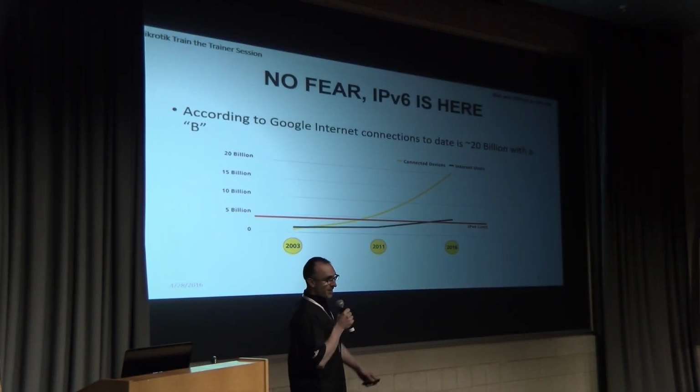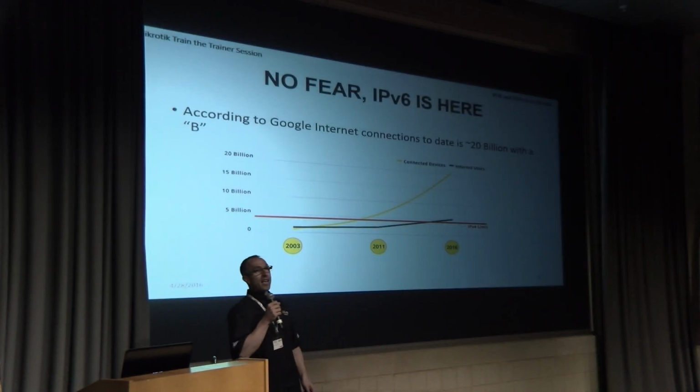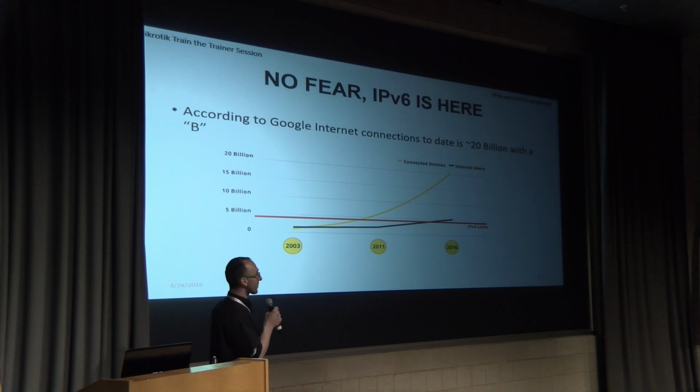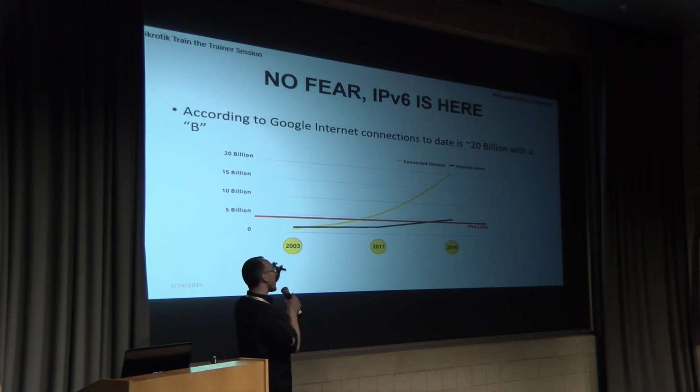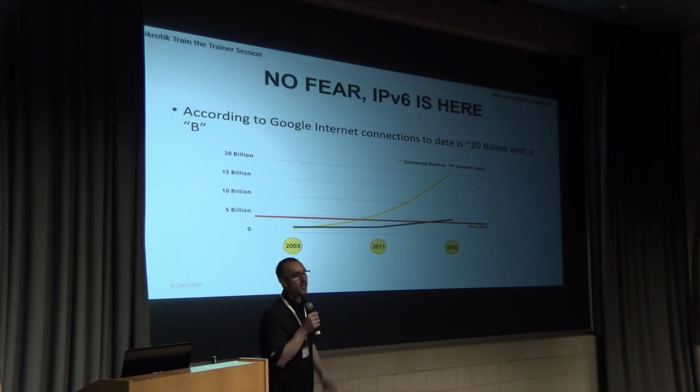IPv6. Why is IPv6 needed? As many of you might know, IPv4 has a limit of addresses that can be used. When they created the protocol, the standard to be specific, they thought that we would only need 4.3 billion addresses.